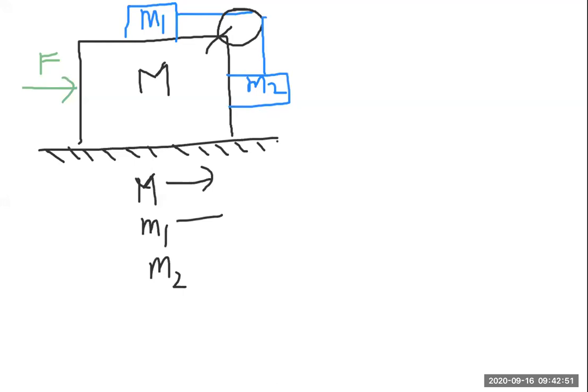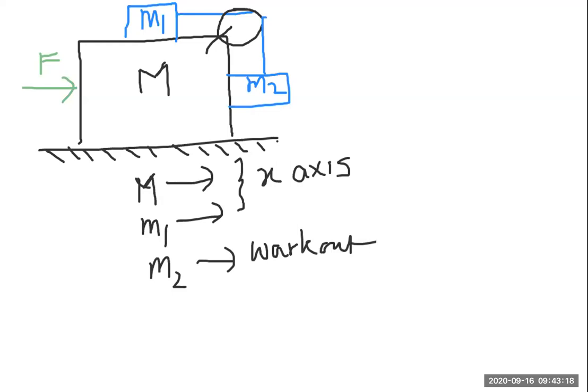For capital M and for M1, the motion has to be along the x-axis. But for M2 we will have to work it out. Why? Because as capital M moves along the x-axis, M2 will also be moving along the x-axis.